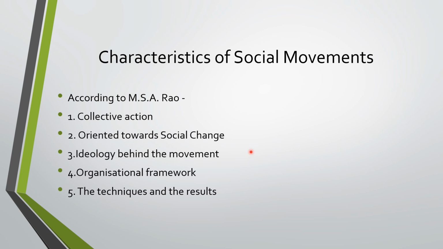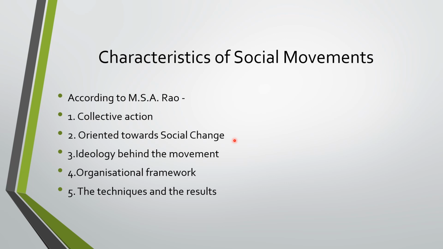The counter attempts are normally defensive and restorative rather than innovative and initiating change. They are normally the organized efforts of an already established order to maintain itself. In this way, it is very clear what the basic characteristics of social movements are.